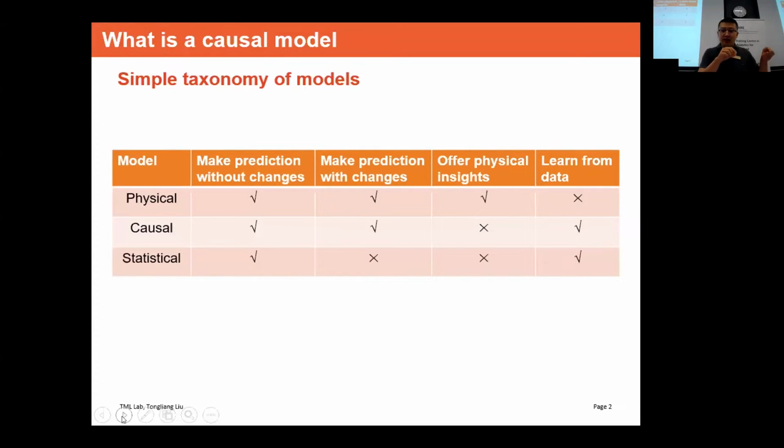And although it cannot provide us physical insight, a good point is that with some mild assumptions, causal models can be learned from observed data. Today we will introduce some typical methods which discover causal information from data.